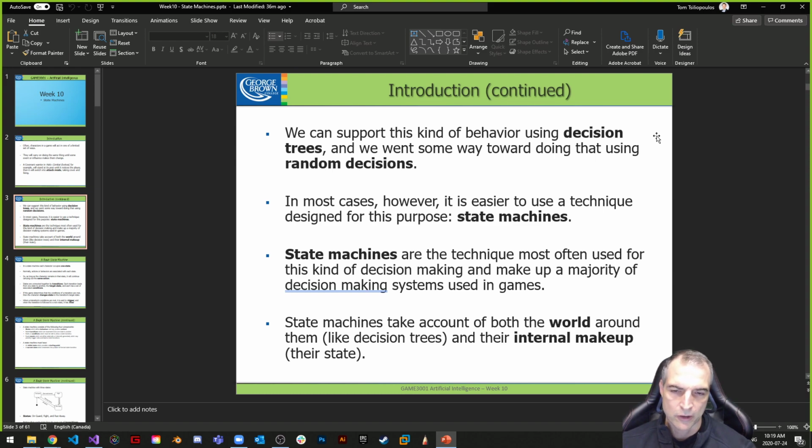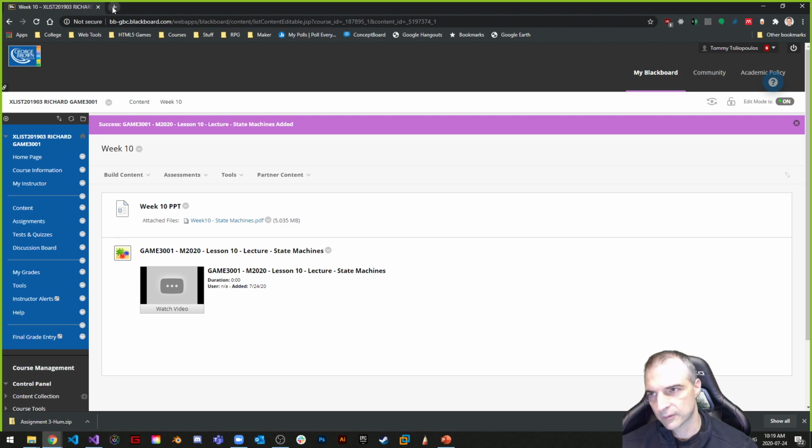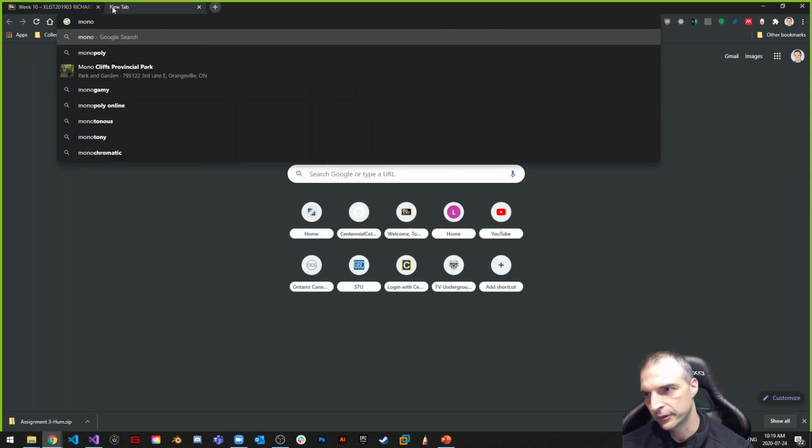And by the way, this can work great for board games. A good example of this is if I'm playing Monopoly, and let's pull up Monopoly just to talk about something a little bit more complex than what we're used to.